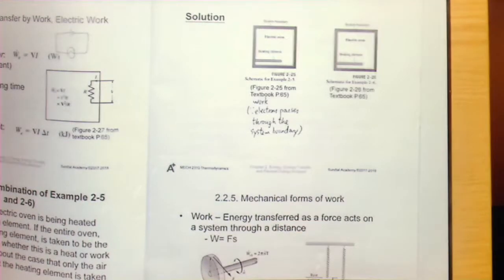For the second case, we haven't included the heating element. So what kind of energy transfer is this? In this case, because the electrons cannot pass through the system boundary, the only possible way of energy transfer into this electric oven should be by heat.